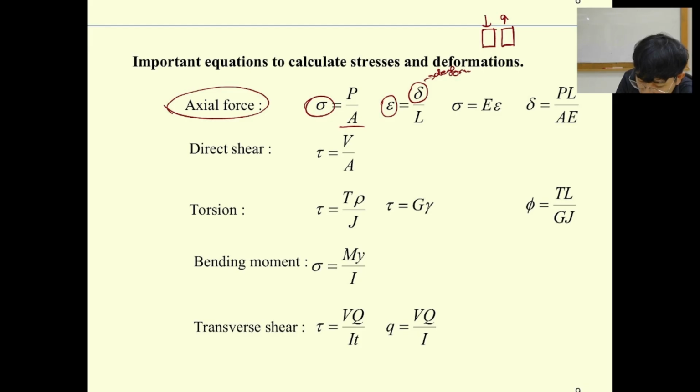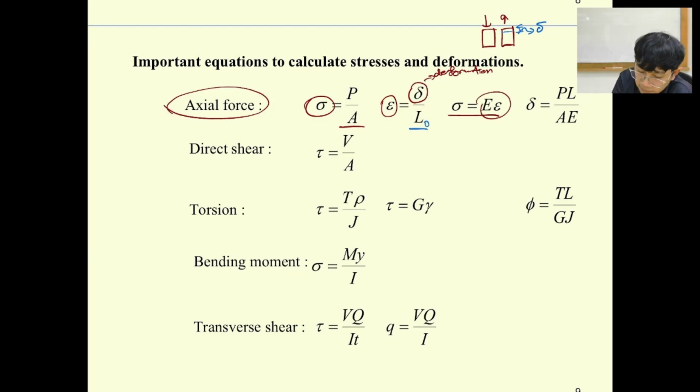Deformation, which means if I pull or push, our sample is going to produce some length change over here. Deformation divided by the L0 over here. And then if we apply Hooke's law, you can see that in the linear elastic range, we can just use this equation directly, which is stress equal to E times strain.